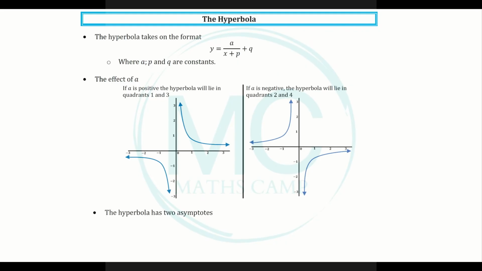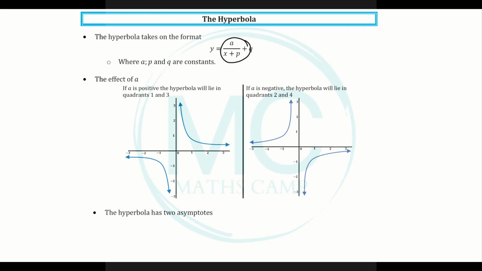The hyperbola has 2 asymptotes. An asymptote shows us the values we cannot use, the values that make the equation invalid or undefined. In the equation, we have y is equal to a over x plus p.